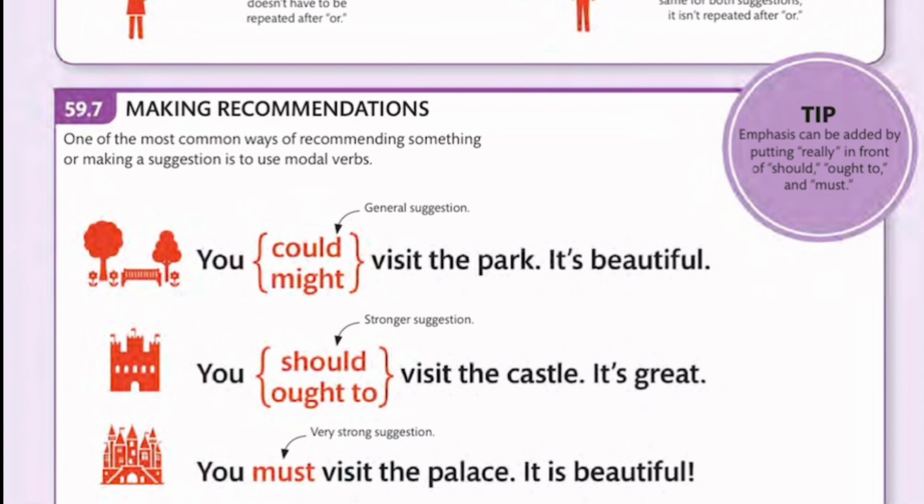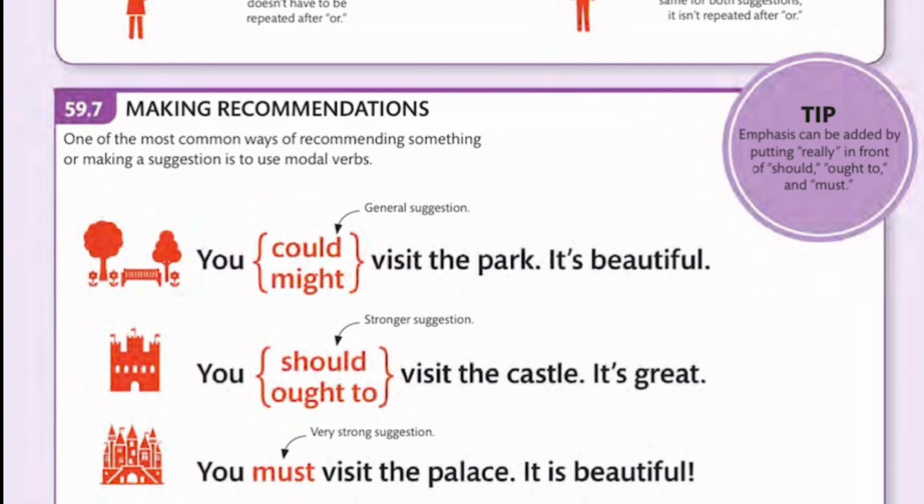What about if you now say you must visit the park? That one is a very strong suggestion. That's why we said modal verbs express mood. If you want to rate it, let's say you could visit the park is averagely 50%.